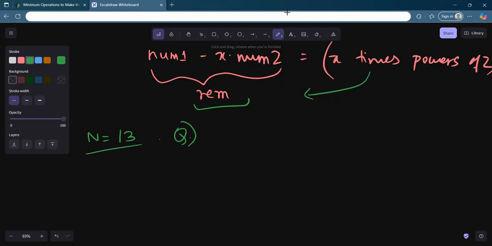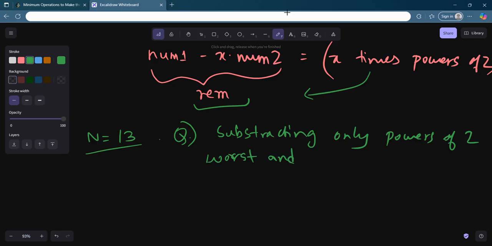So I am giving you a number 13 and asking you, if you are allowed to subtract only powers of 2, what is the worst and best number of steps you will need to reduce n to 0?